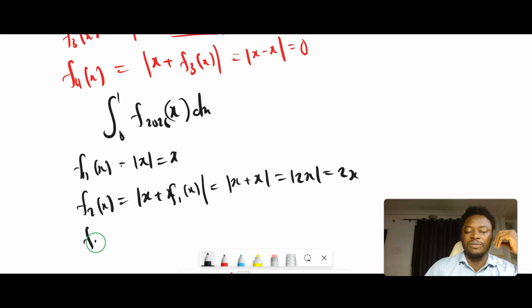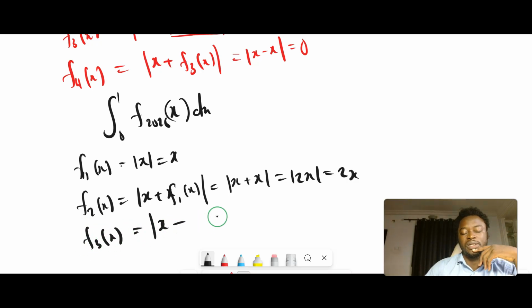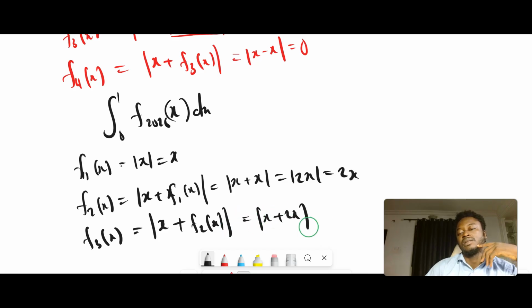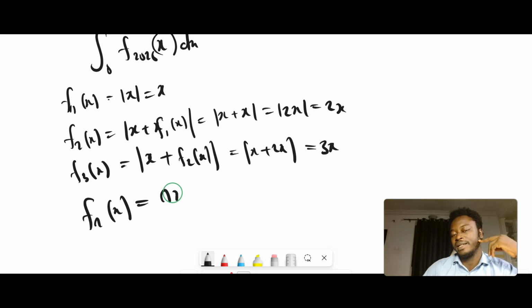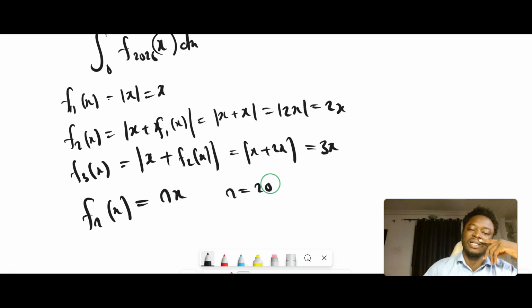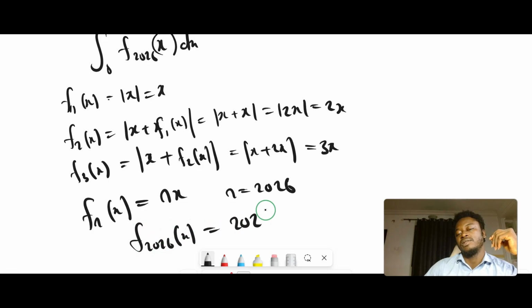So f sub 3 of x is going to be absolute value of x plus f sub 2 of x, which is going to be x plus 2x, which is 3x. So basically, I think we can conclude that f sub n of x is going to be nx, and since n is 2026, f sub 2026 of x is going to be 2026x.